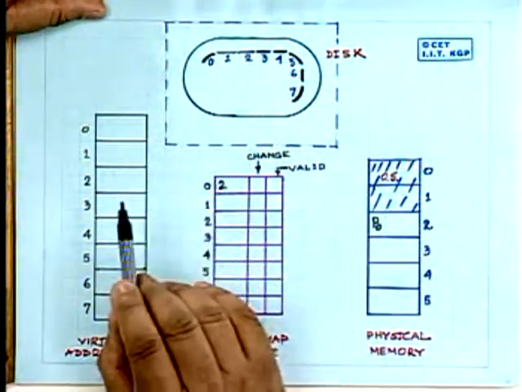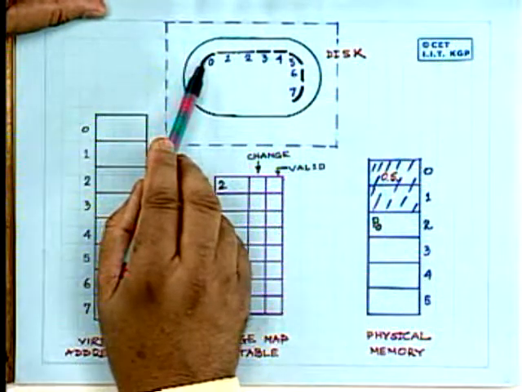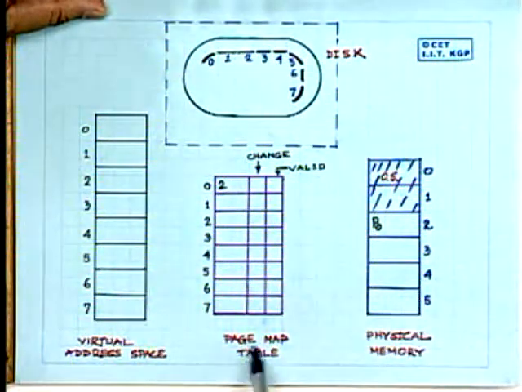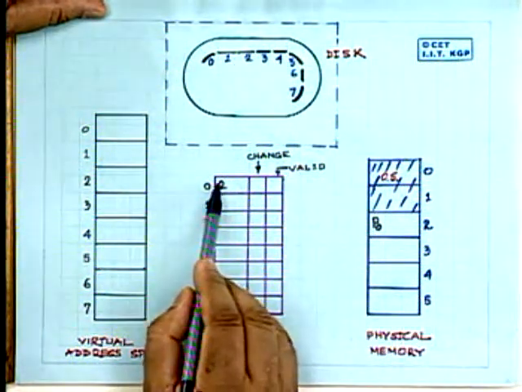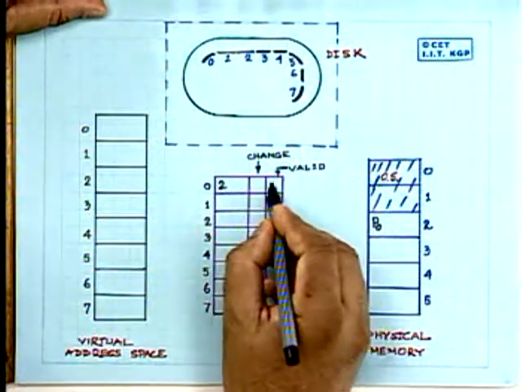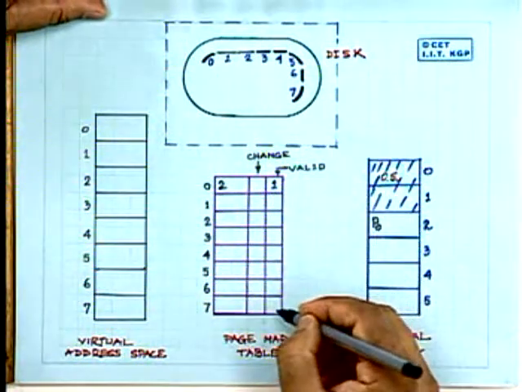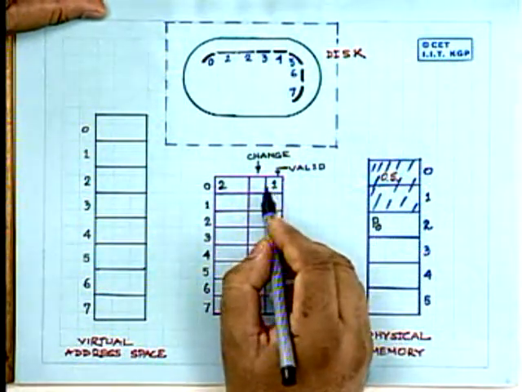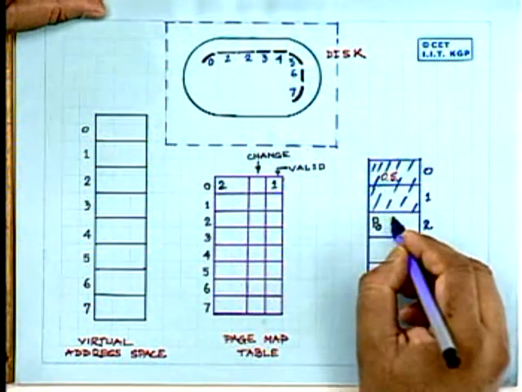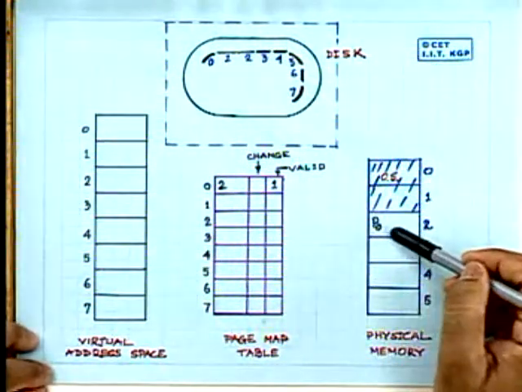We take page 0 from the disk, load it into frame 2, make this page map table's 0th entry 2, and make this valid bit 1. Initially we make all the valid bits 0; we make this valid bit 1 and then transfer control to page 0 at the point where the execution should start. Now the process starts executing.